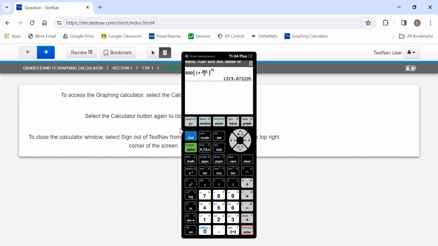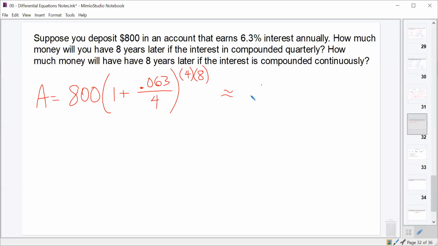And it looks like we end up with $1,319.07. And we'll round to the nearest cent here. $1,319.07.